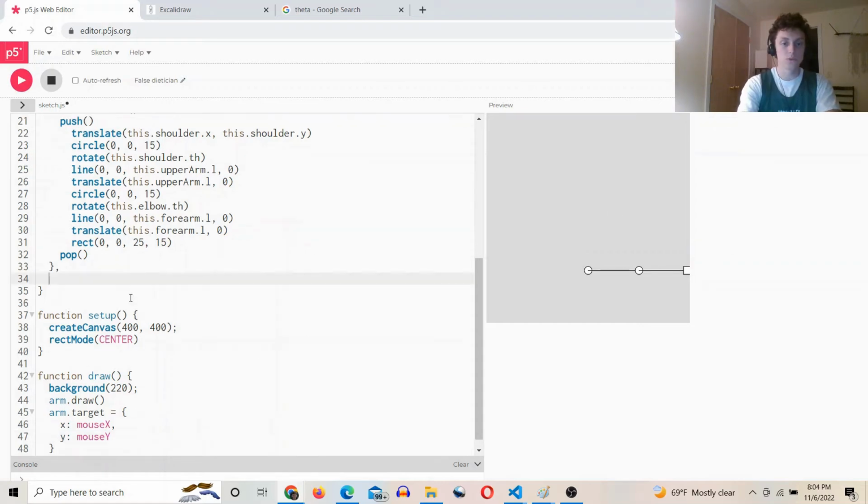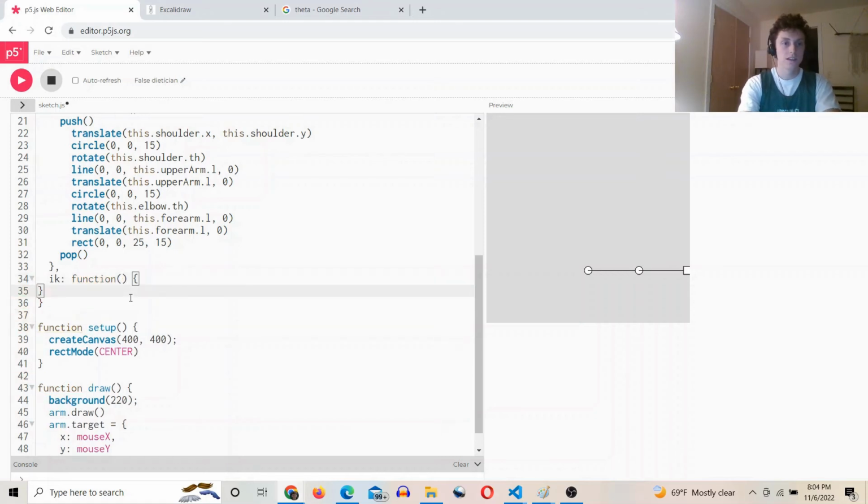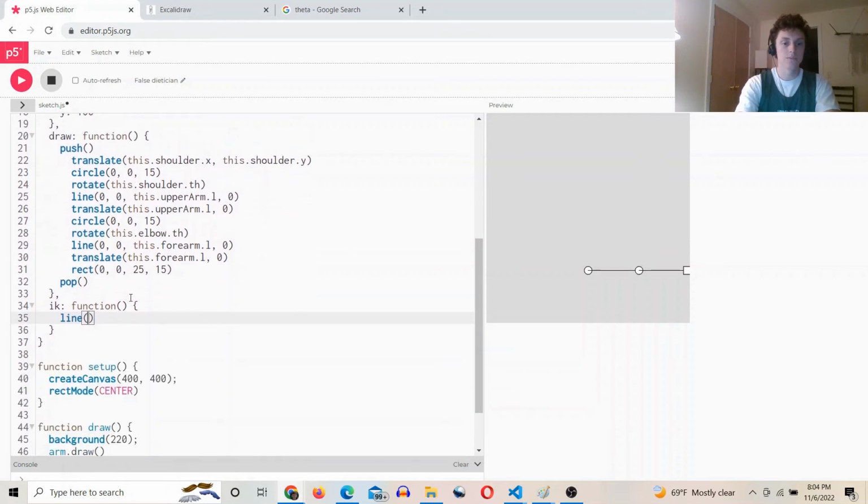So let's do a function called ik. So ik will be a function. And the first thing I want to do is just draw a line from this.shoulder.x, so from the shoulder to the target.